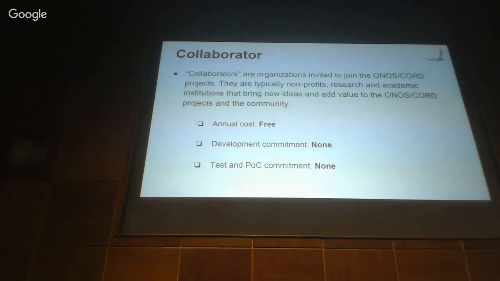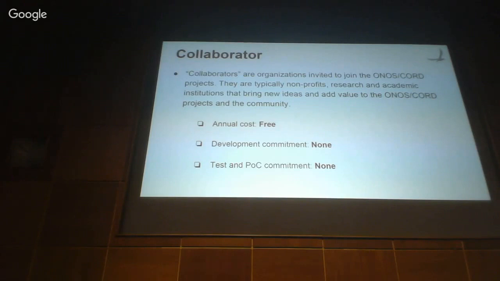Another example of collaborators are the groups that deploy ONOS and CORD in their universities. So it's not only about the code, but it can be about deployments. For example, NCQ is a collaborator because they deploy ONOS in their university. Typically, and I say typically because there are some exceptions, collaborators are nonprofits, research institutions, and academic institutions.